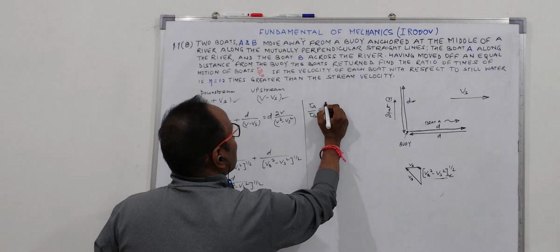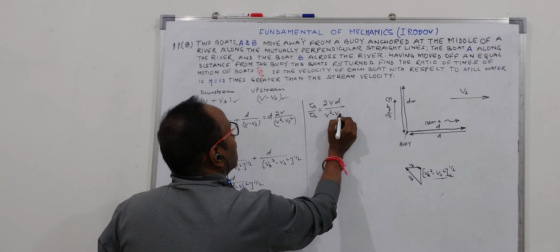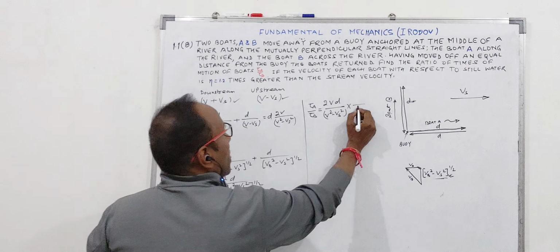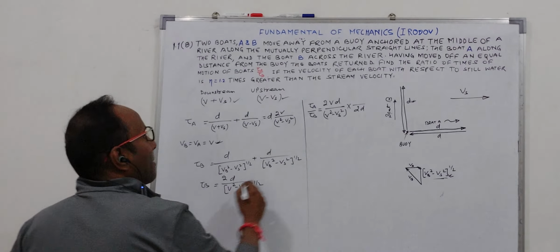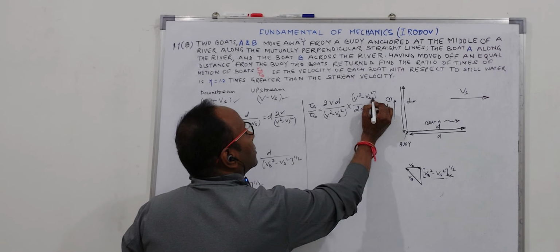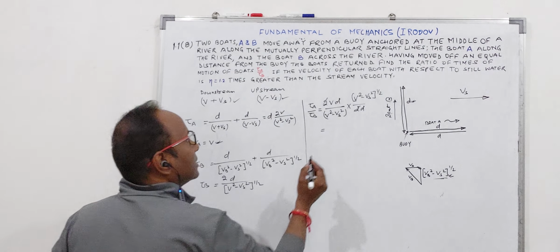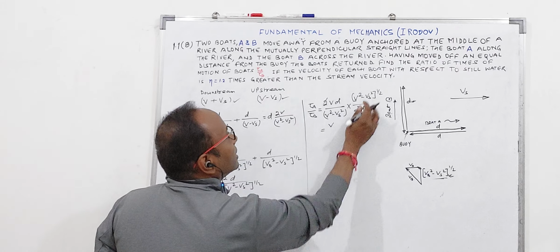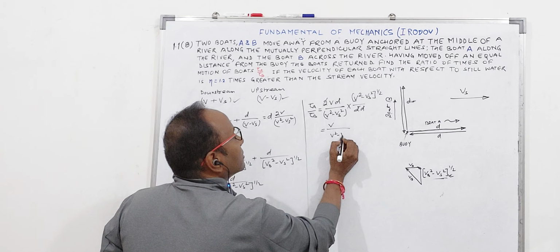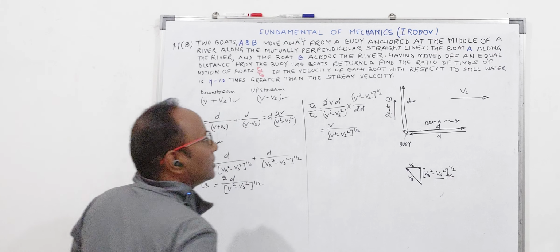So put this value over here: 2Vd divided by V square minus Vs square, into tau B's 2d under root V square minus Vs square. 2d is finished, cancel out. So V, this under root, and this. So this will become V by under root V square minus Vs square.